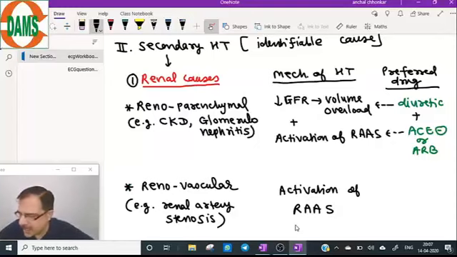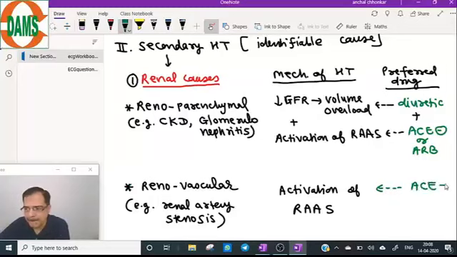That is the predominant mechanism, and obviously the preferred drug here will be ACE inhibitors. Drug of choice for essential hypertension, that we will do in the treatment section. How to know which cause the patient had is a clinical aspect, followed by investigations.